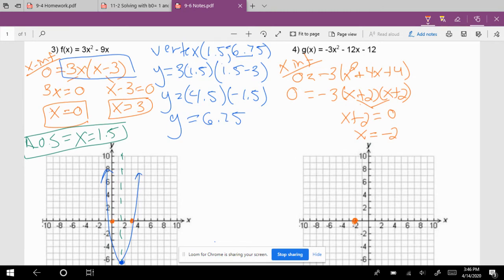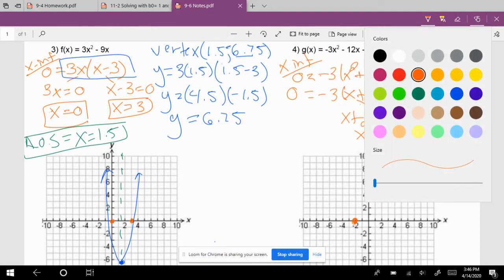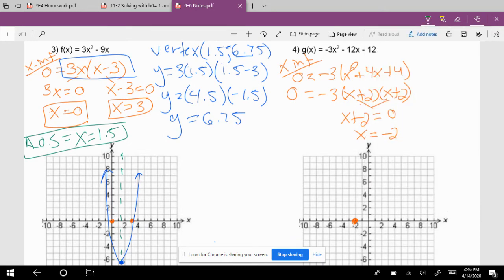Okay, so for your axis of symmetry, we would have to go in the middle, but we only have one point. So for those of you who've been watching the other videos, you might remember, hey, if there's only one x-intercept, that x-intercept has to also be my vertex.